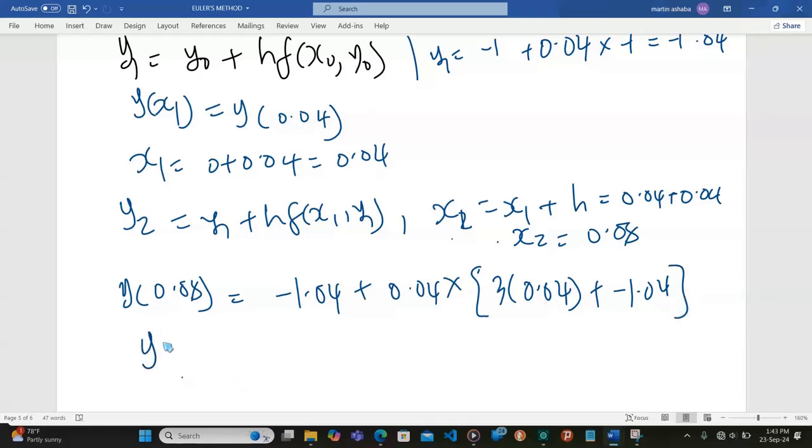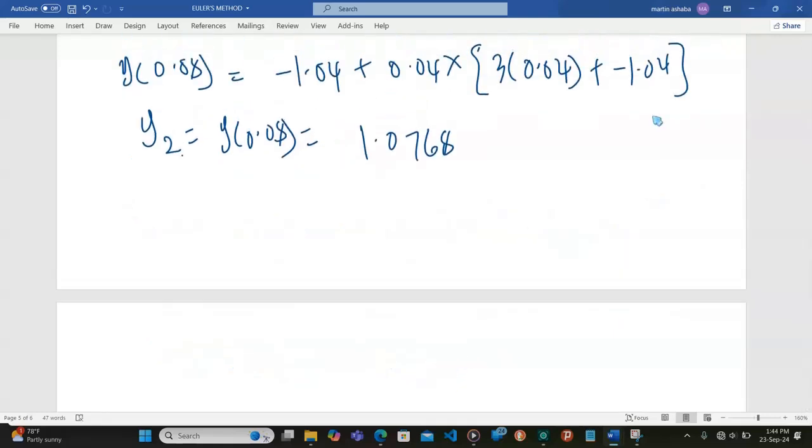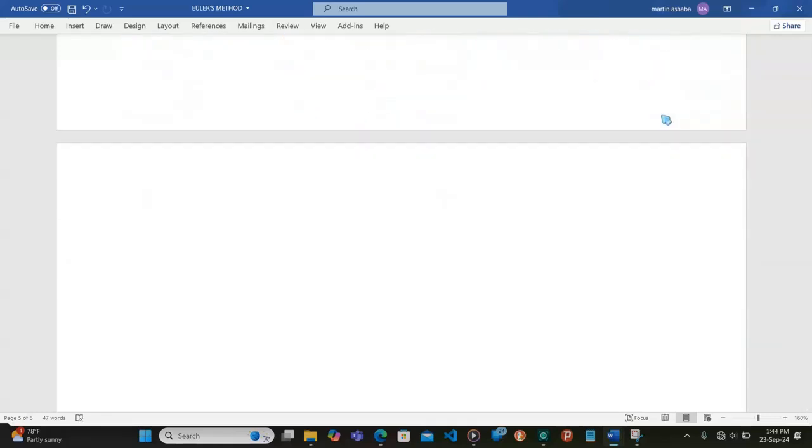So y2, which is equal to y of 0.08, will therefore equal -1.0768. So let's proceed.